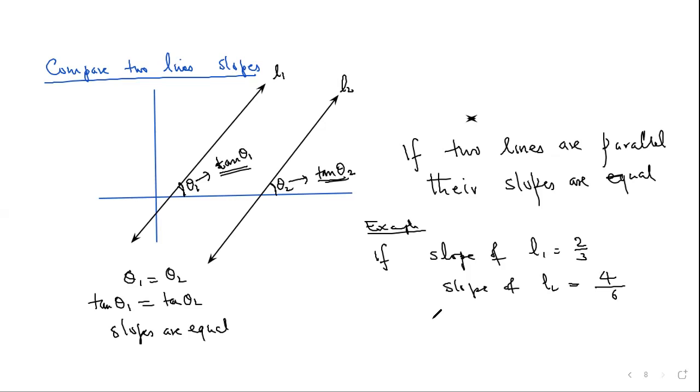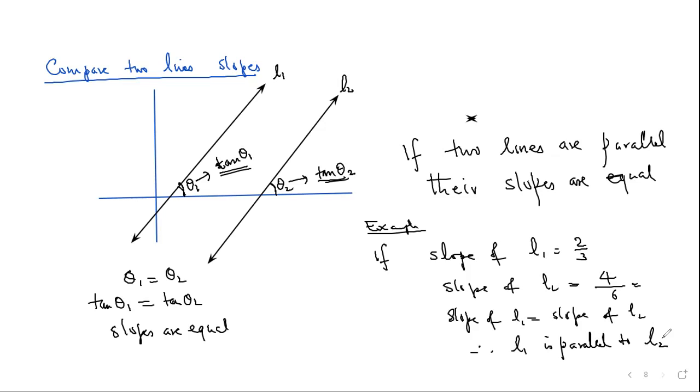So the slopes are equal, so the lines are parallel. 4 by 6 is nothing but 2 by 3. So the slope of L1 is equal to the slope of L2. Therefore, L1 is parallel to L2. Is it clear to everybody?